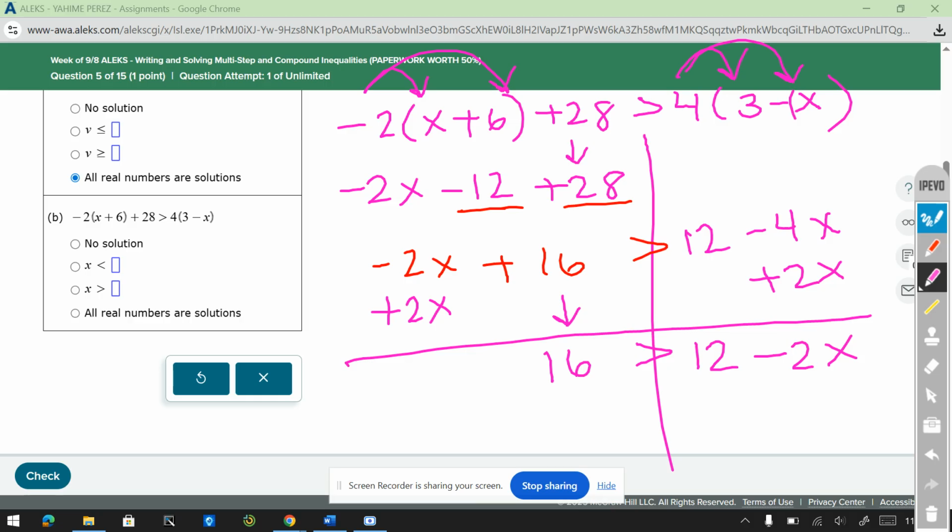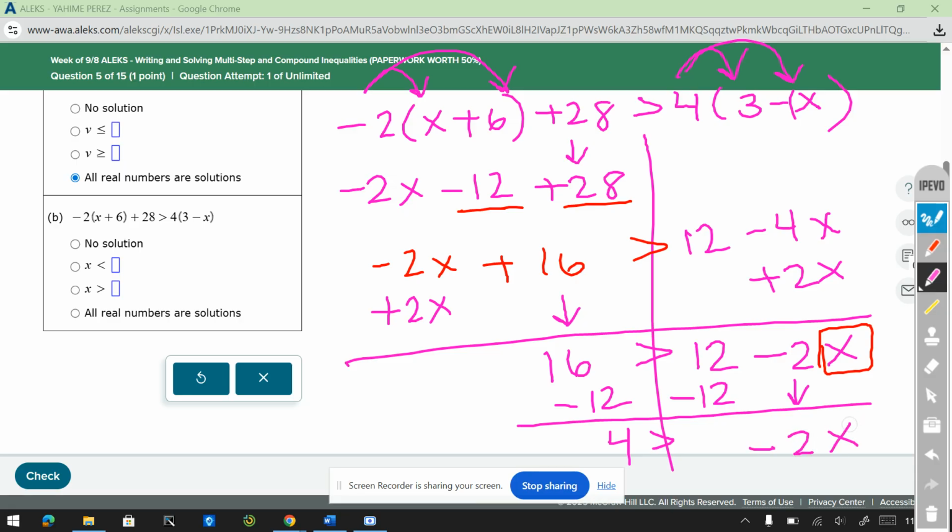All right. And now this is just a two-step equation. I'm just trying to get this x alone. I'm going to start by subtracting 12 because 12 is positive, so I'm going to subtract 12, right? Its sign is to the left. And I'm going to bring down the negative 2x. And my last step is to get rid of this multiplication of negative 2, right?